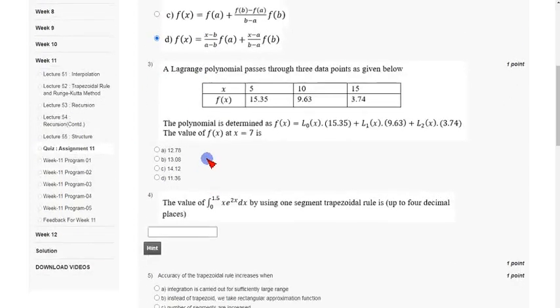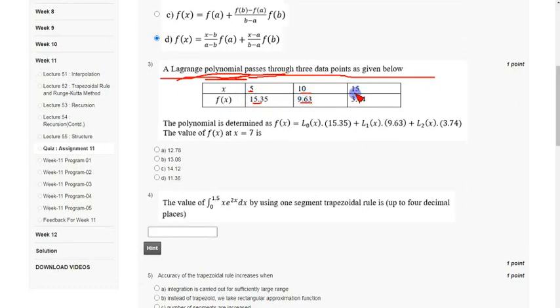Coming to the third question, they have given a table mapping x to f of x. A Lagrange polynomial passes through 3 data points as given below. At x equal to 5, f of x equal to 15.35. At x equal to 10, f of x equal to 9.63.